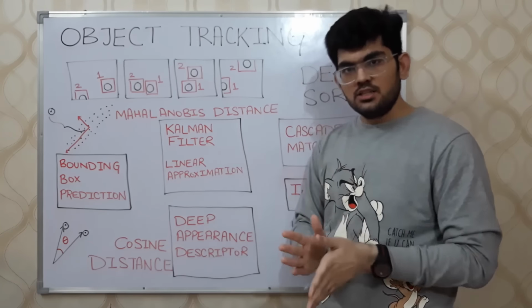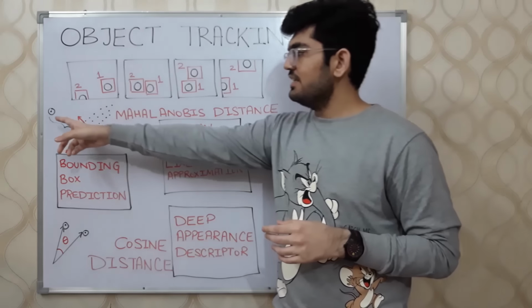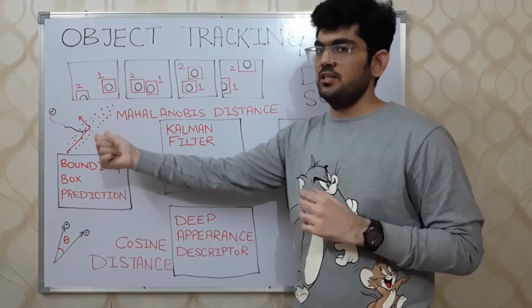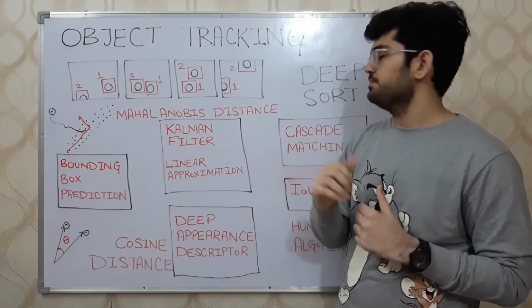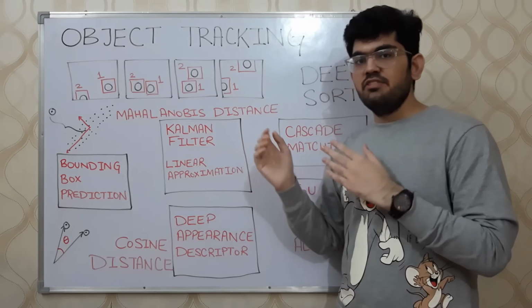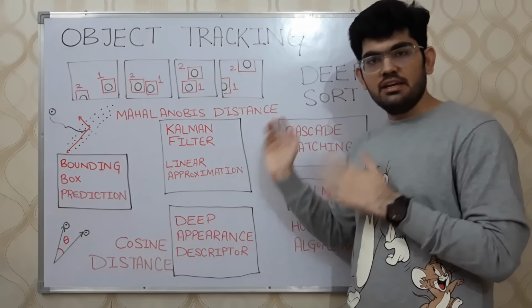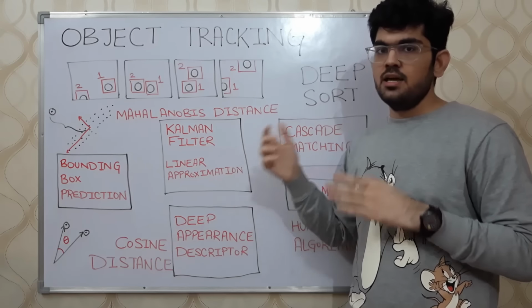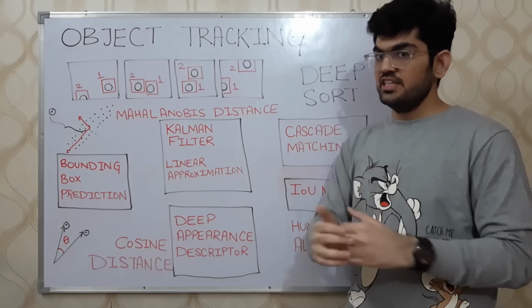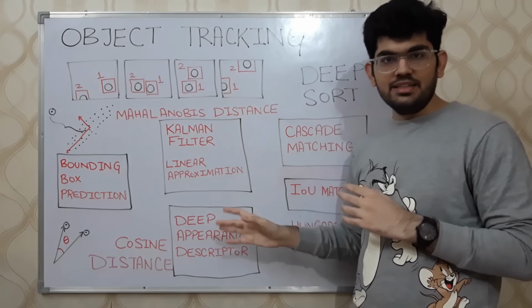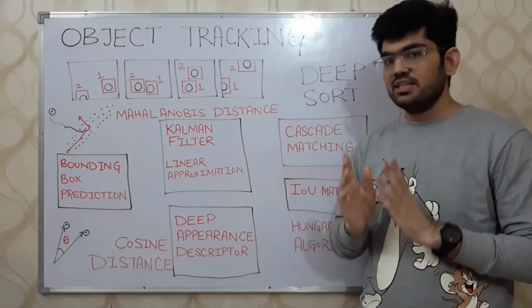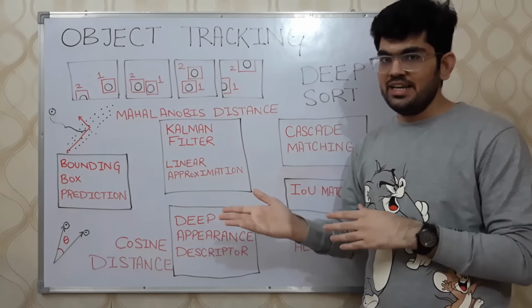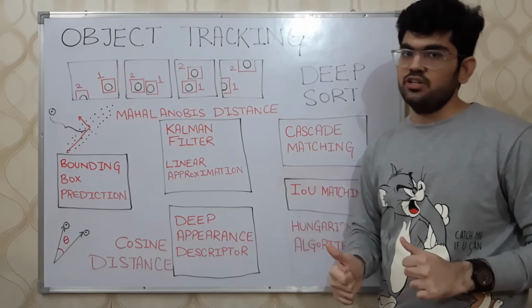In that transformed space, we calculate the distance of this point from the origin. The value of that distance is the Mahalanobis distance. Using this metric, we decide how well a given prediction by the Kalman filter matches an object that we just detected. Combining these two, we get an overall scalar score value that we can use to assign the detections to their IDs using the Hungarian algorithm.